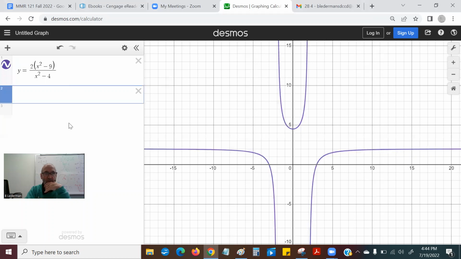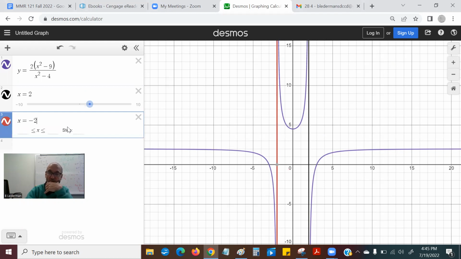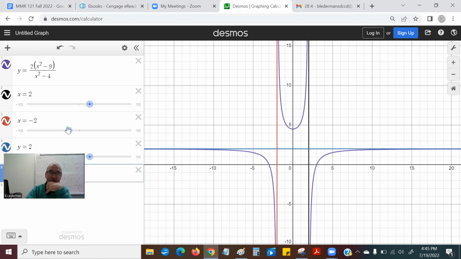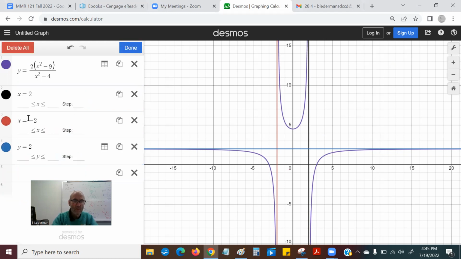Now let's type in those asymptotes. x equals 2, x equals -2. Look at those nice, beautiful asymptotes. And y equals 2. That is some beautiful asymptotes right there. And let's make the asymptotes dotted so you can tell.